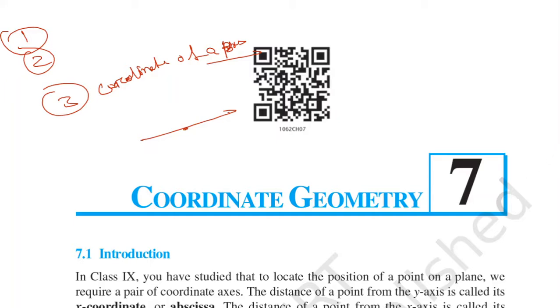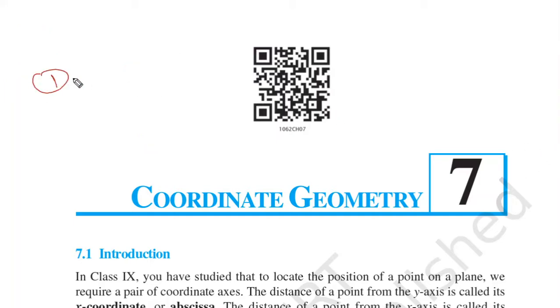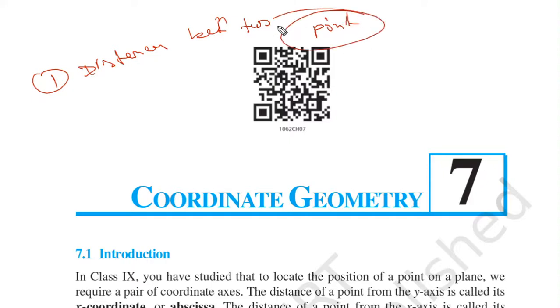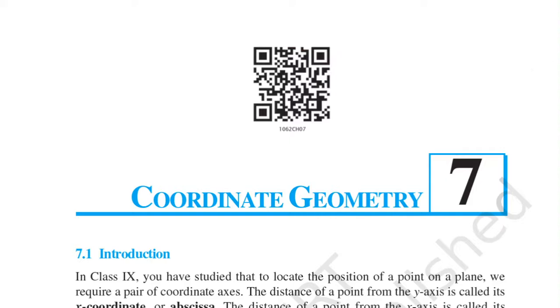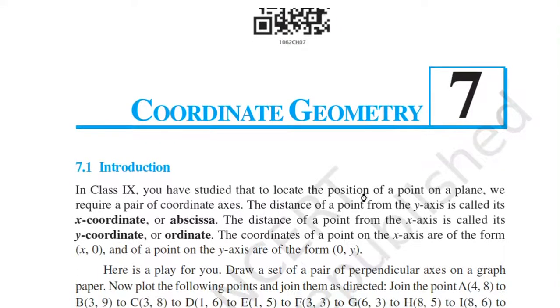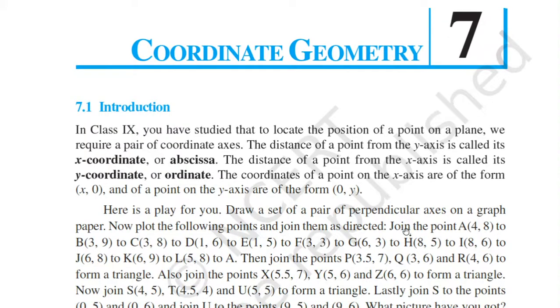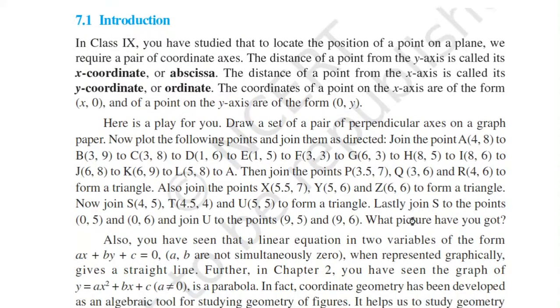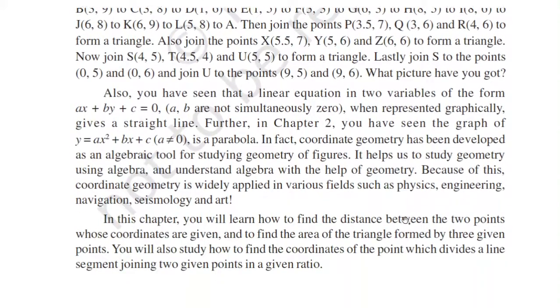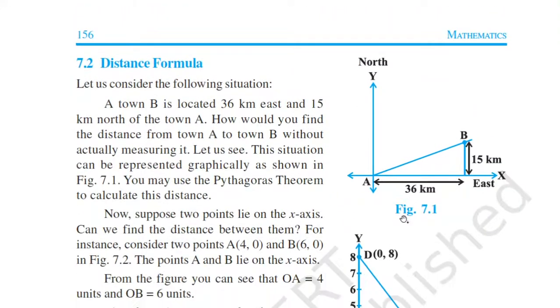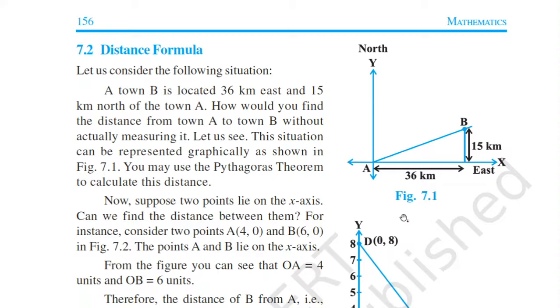Now we are going to learn about the first one, that is the distance between 2 points. So without delay, let's move to it. This is also called the distance formula.